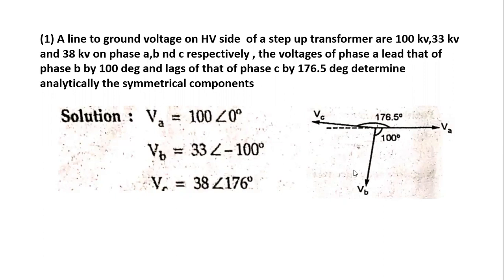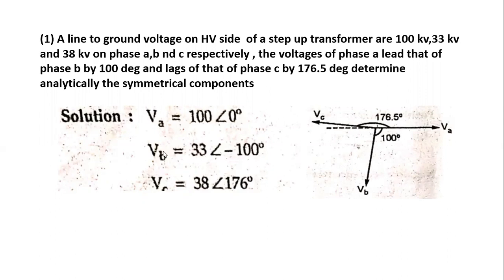Next we consider the VB voltage. VB is 33 kilovolts at an angle of, the angle difference between B and A is 100 degrees. B lags A, so we take it as minus.